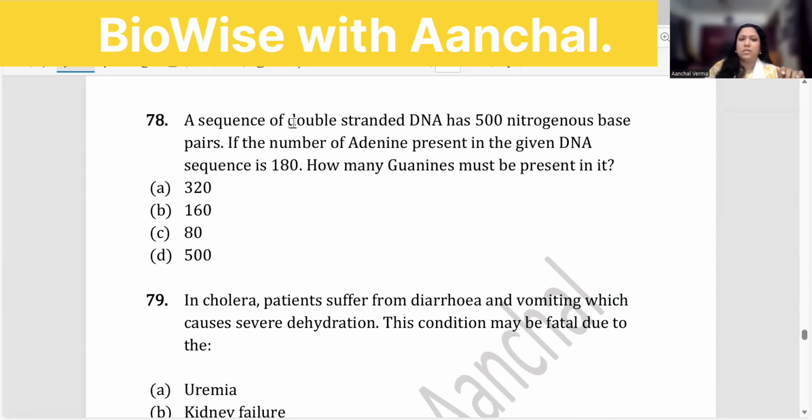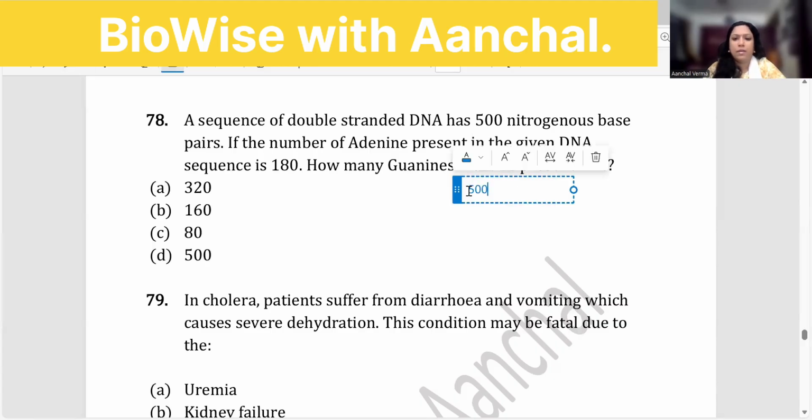Out of 1000, there is 180 A. So obviously there will be 180 T. So 180 plus 180 is 360. So how much is left? 640.